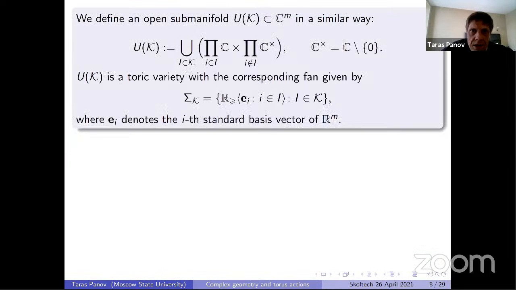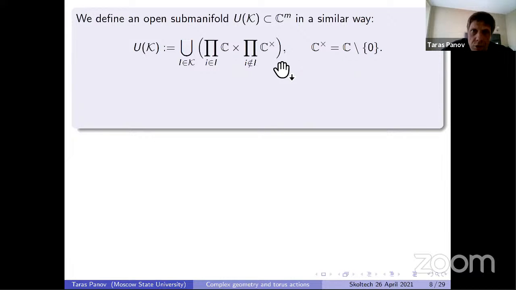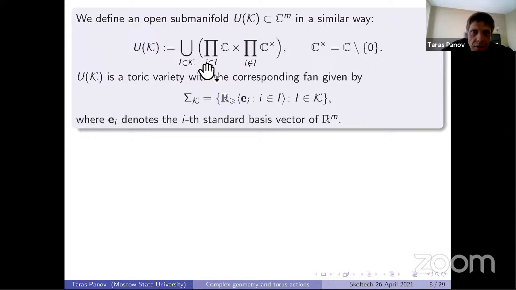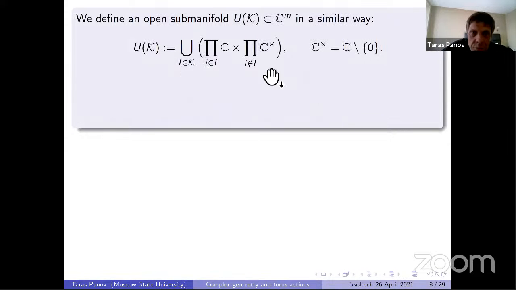For instance, if you start with a pair (C, C^×), where C^× is just C without 0, then you take a similar kind of construction. You take the union over all simplices in your simplicial complex of those subproducts. So sometimes you have to throw away 0 from C. We call it U_K, it's just an open submanifold in m-dimensional complex space.